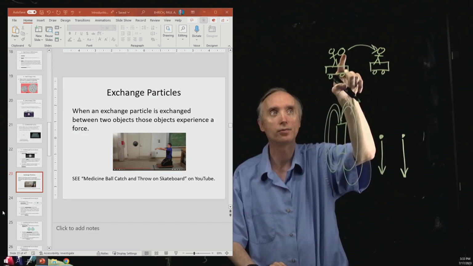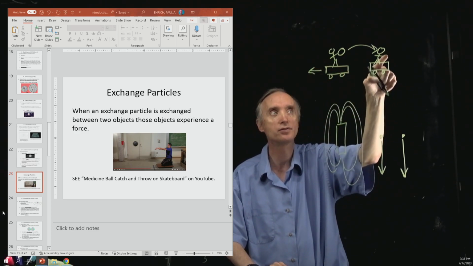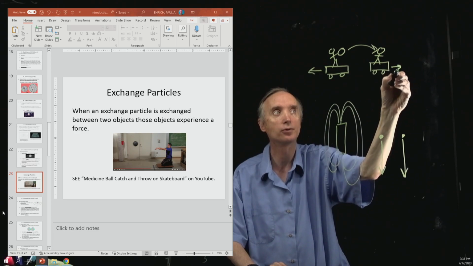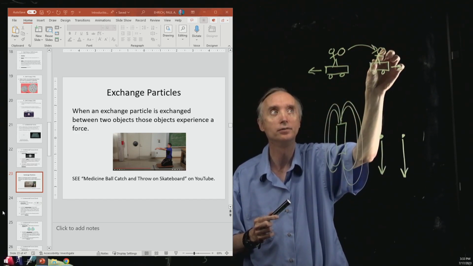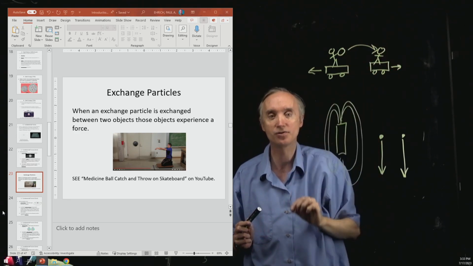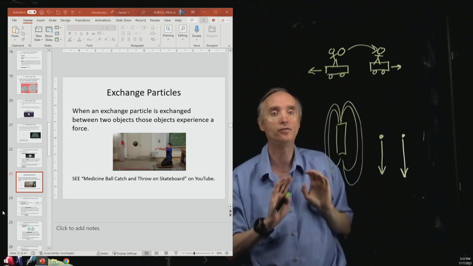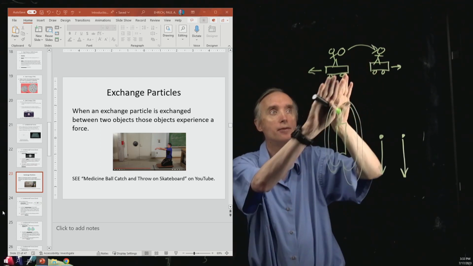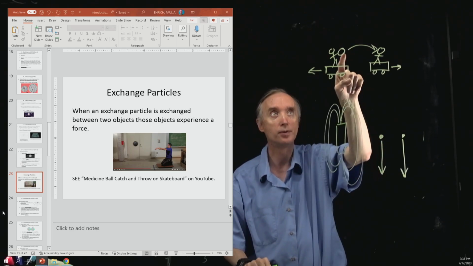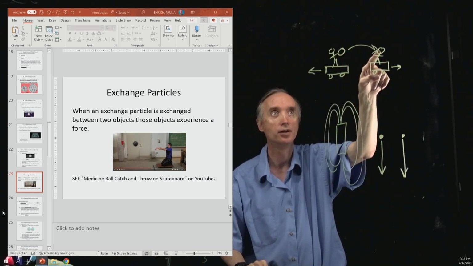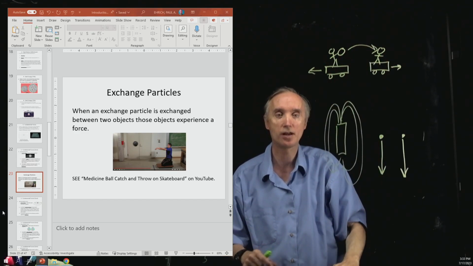So when he throws the ball, he's going to move backwards. When he catches the ball, he's going to move backwards. So notice that by exchanging a particle, it exerted a force. Just as though you had physically walked over here and pushed on his cart, you exerted a force. So by exchanging the particle, you are exerting forces. So that's what we mean by an exchange particle.